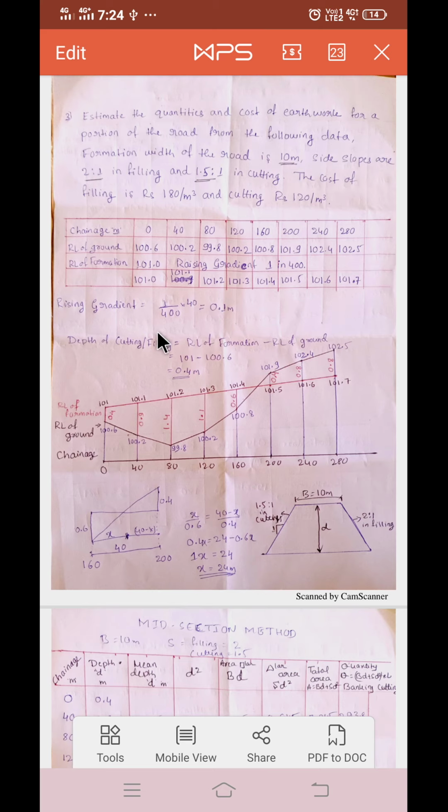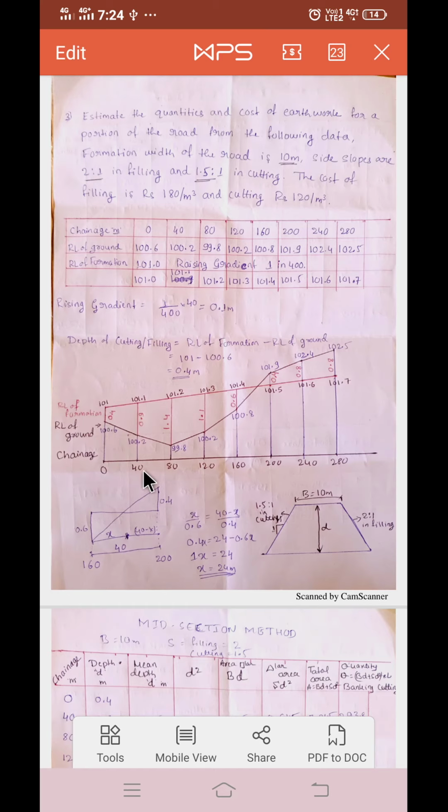Now draw a profile of the ground here. Okay, chain is 0, 40, 80, 120, 160, 200, 240 to 280. So for 0 meter chain, what is your RL? 100.6. So draw with the scale, 100.6.